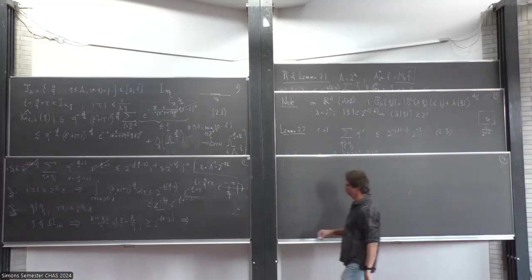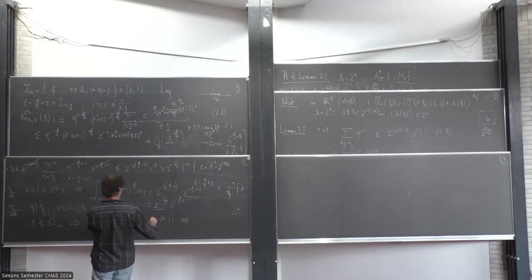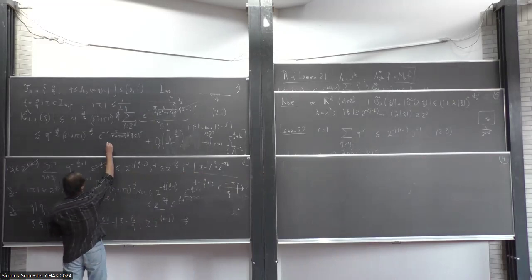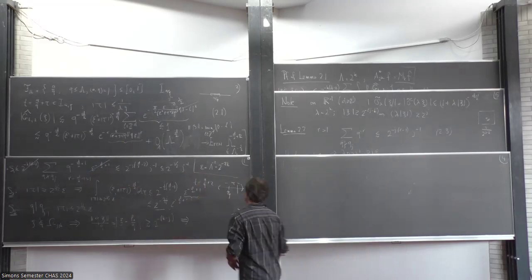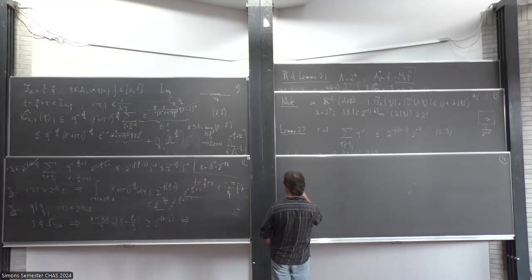So we look at this exponent, and if we have this estimate, then this exponent would be pretty large, as big as 2 to the j. And we get the double exponential gain, we don't even need that, so let's see.